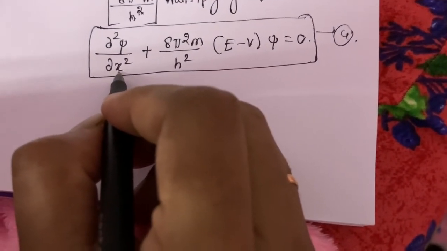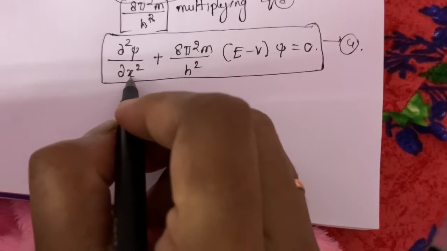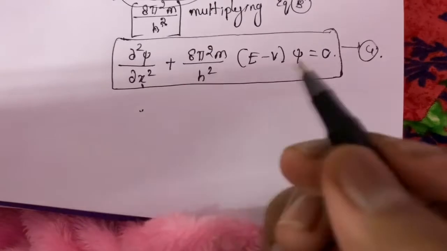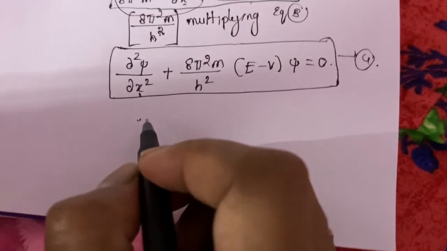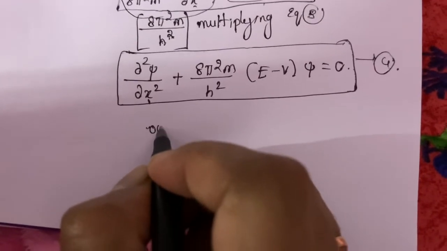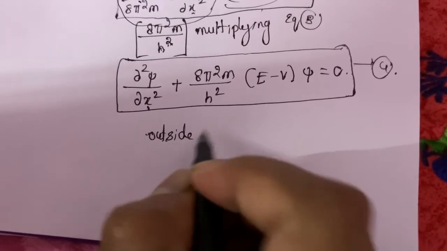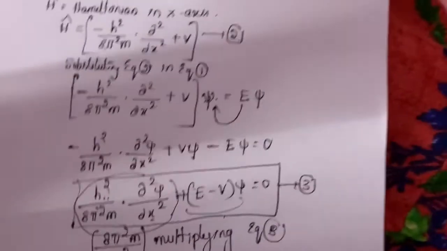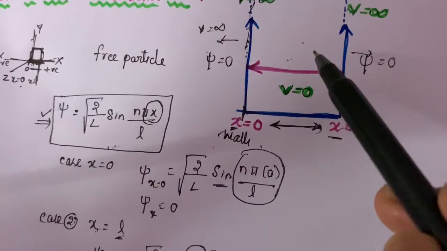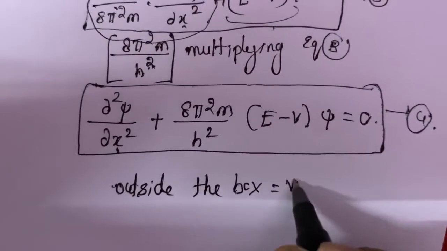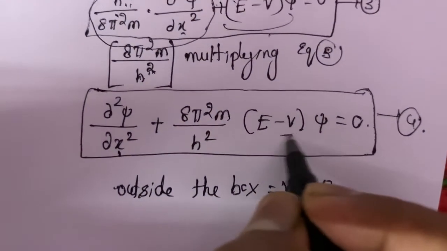And now we are going to check whether it is possible for the particle to exist outside the box. As we already checked, along the walls the probability of the particle existing is 0. Now we are going to check outside the box. We know that outside the box, the V value is infinite, as we already checked. So I substitute infinite here.